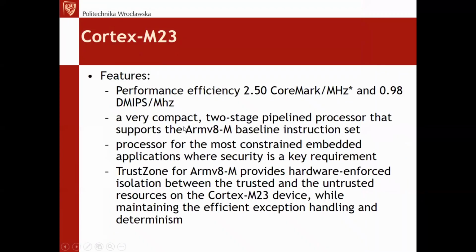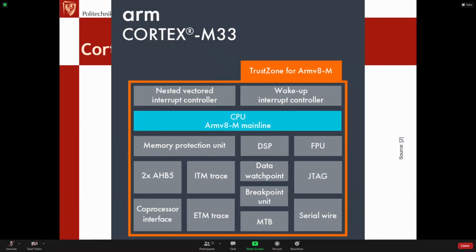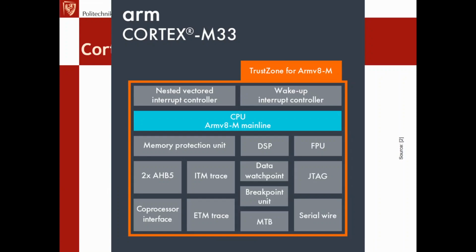In case of Cortex M33, again, it's very new. The first hardware I saw about a year, maybe about 2 years ago, something in this time frame. So it's pretty new, maybe not very new, but pretty new.